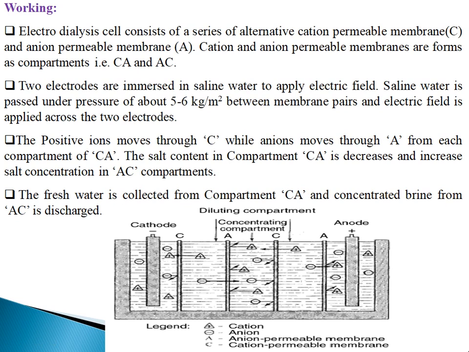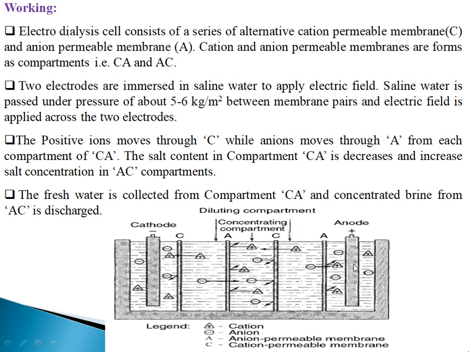Here in this process, two electrodes are immersed in saline water to apply an electric field. Saline water is passed under a pressure of about 5 to 6 kilograms per meter square between these two membrane pairs, and an electric field is applied across the two electrodes.